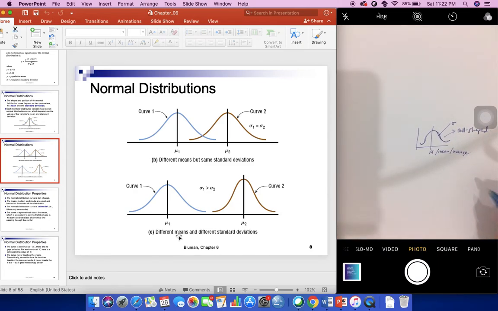When you look at this, we have different means but the same standard deviation.